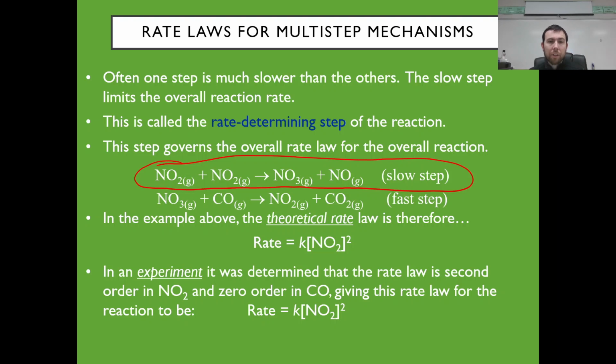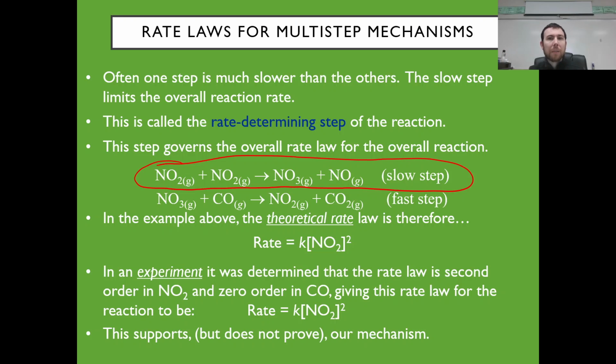So in this particular instance, our experimental rate law and our theoretical rate law are consistent with each other, which is a good thing, right? Because they're consistent, what we would say as chemists, and what you need to understand, is that this mechanism supports the reaction being carried out in this manner.